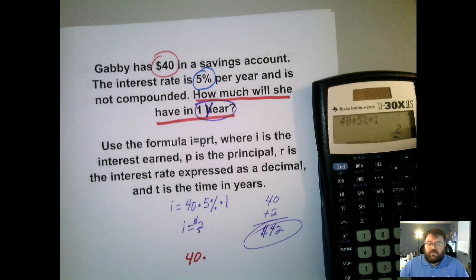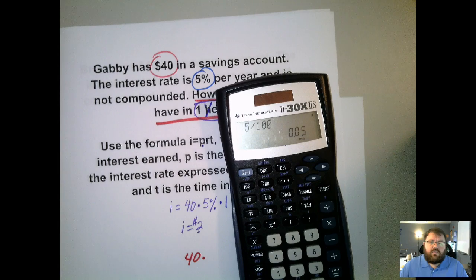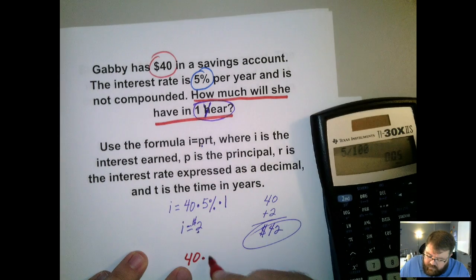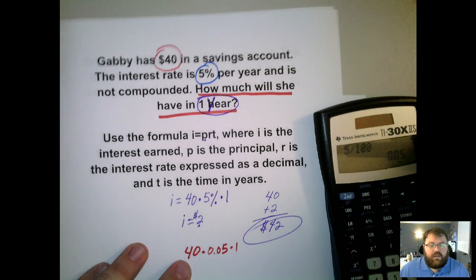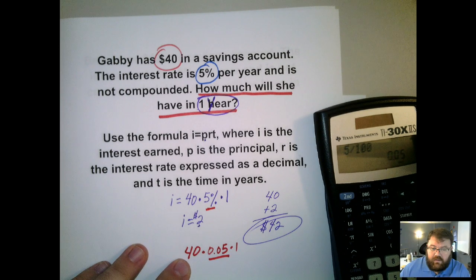Remember, percents to decimals, you just divide by 100. Okay, so I would say 5 divided by 100, and that's going to move my decimal. So I could say 40 times 0.05 times 1. You understand that this and this are the same thing, okay? And you're going to get the same answer.